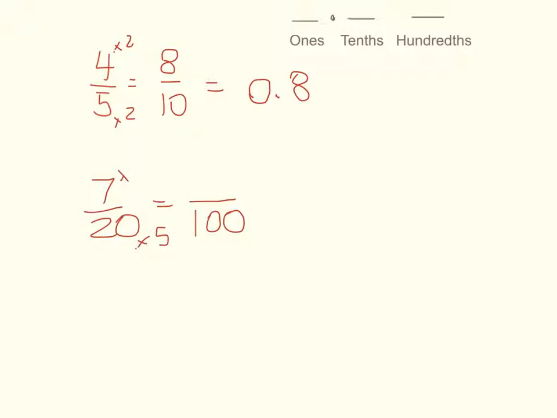So on the top, to keep it an equal fraction, I also multiply by 5, and I get 35/100. I write 35/100 as 0.35. So as long as it's a fraction that can change to one of my place values, tenths, hundredths, thousandths, ten-thousandths, etc., I can write it as a decimal quite easily by changing it to one of those denominators.